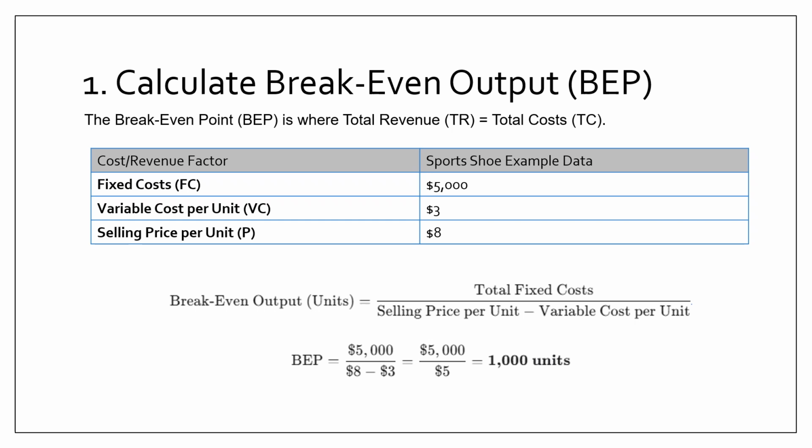According to the data given, fixed cost equals $5,000 over selling price per unit equals $8 minus variable cost per unit is $3. Hence it is $5,000 over $5, and the answer, that is the break-even point, is 1,000 units.